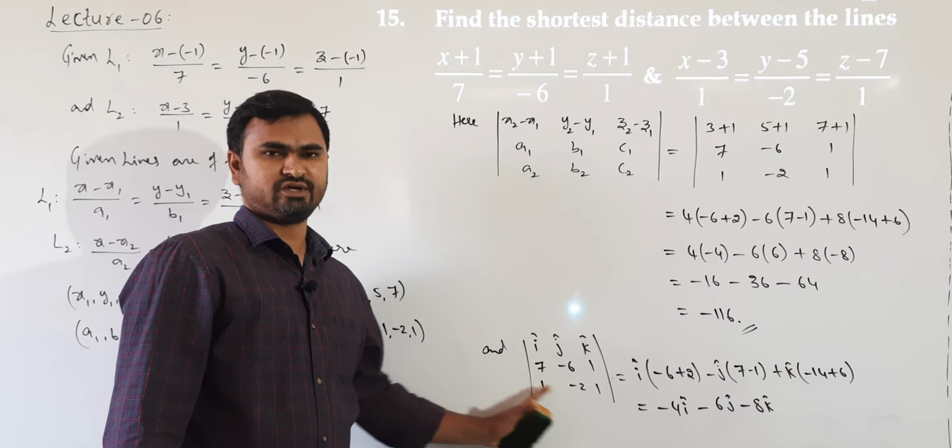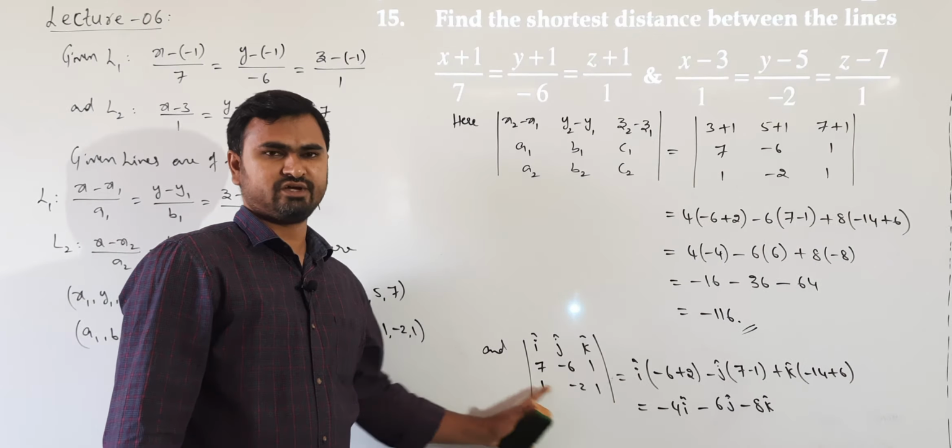Determinant of x2 minus x1, y2 minus y1, z2 minus z1, a1, b1, c1, a2, b2, c2 divided by magnitude of determinant i, j, k, a1, b1, c1, a2, b2, c2.